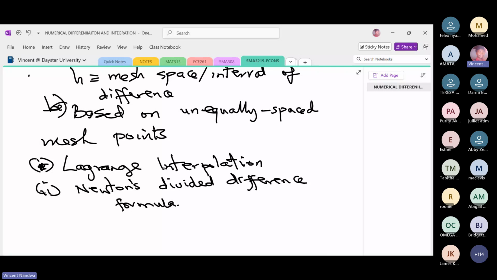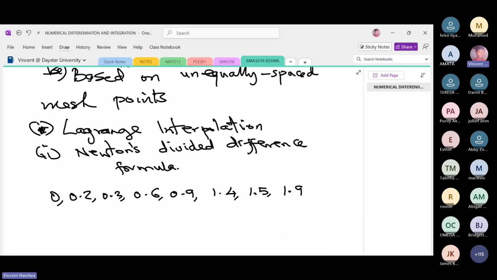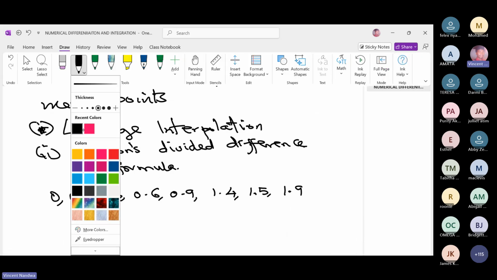unequally spaced mesh points are, for example, if I have 0, 0.2, 0.3, 0.6, 0.9, say 1.4, 1.5, 1.9. So for example, these values are unequally spaced because the difference between consecutive values is not uniform.